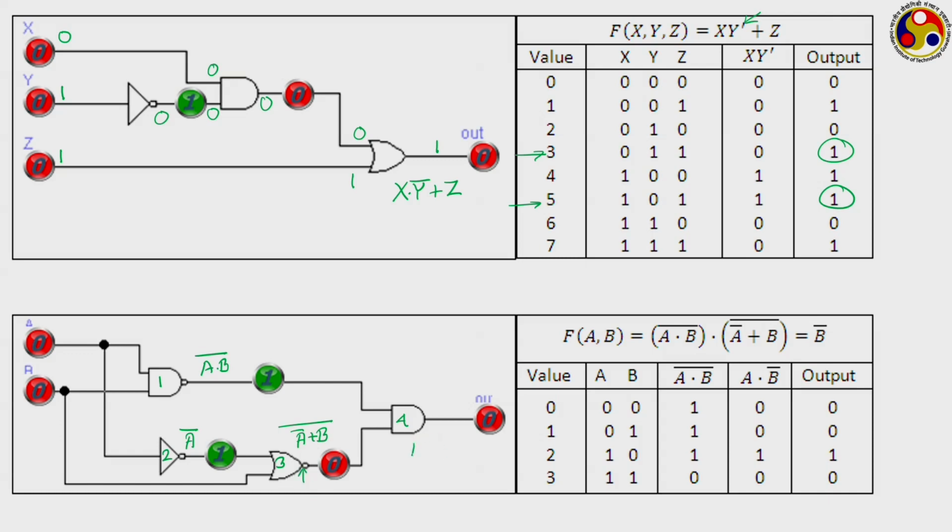So, your final output will be A dot B over bar dot A bar plus B whole over bar. So, combining all this, you can get the final output. I have not gone into the detail of Boolean algebra. It can be shown that this entire thing leads to B bar.